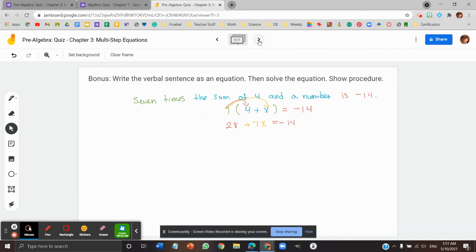Now I want to leave that x all by itself, so I'm going to take away that 28. So we have to subtract 28. It will be 0. But if I subtract 28 on one side, I have to subtract 28 on the other. What do I have left? Well, I have left 7x equals negative 14 minus 28. They're both negative, so therefore I can add them, right?